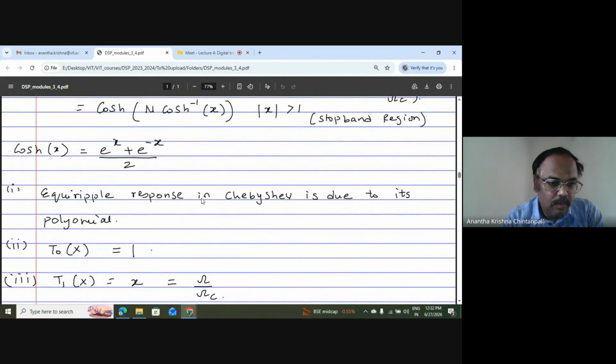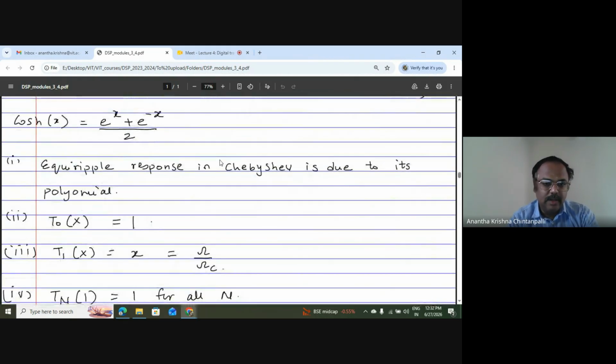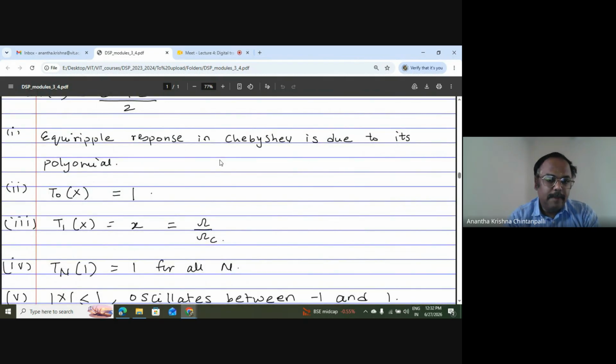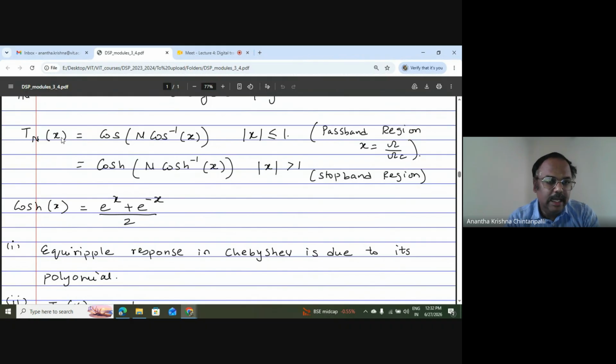Then what happens when n is equal to 1? When n is equal to 1, this is nothing but x, and here also it is x, where x is omega divided by omega c. Now, what is Tn of 1? Cosine inverse of 1 is going to be 0, so cos of 0 is 1.